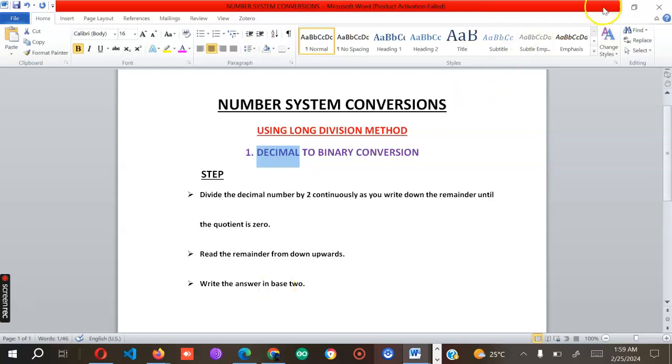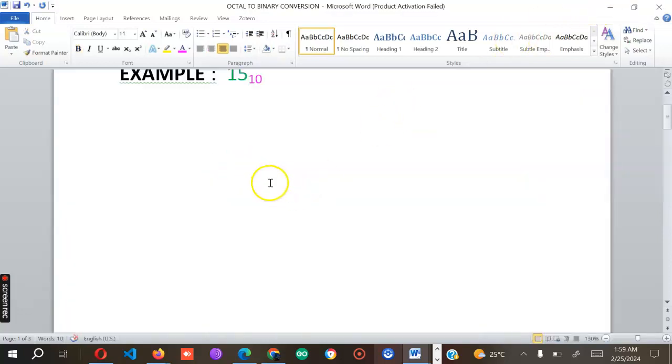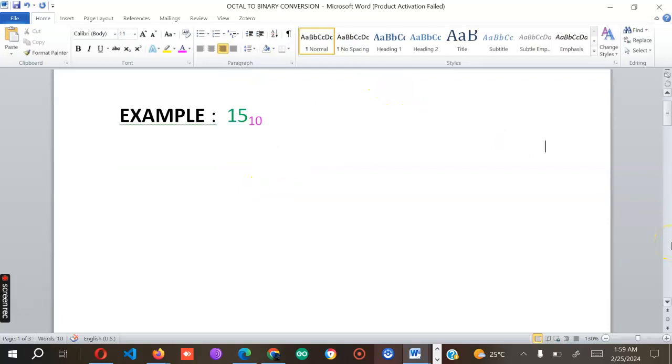Okay, let's go directly to our example. So this is our first example, where we have 15 base 10. Remember the rules: you're supposed to divide the number by 2. Okay, let's start with the 2. The number is 15.